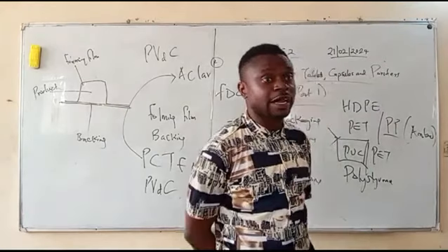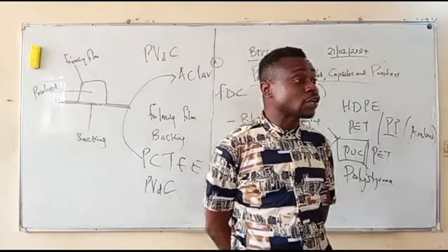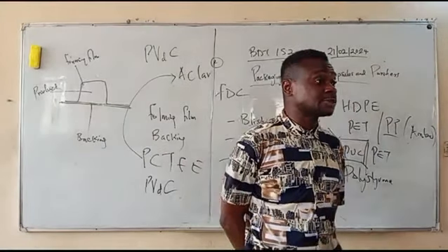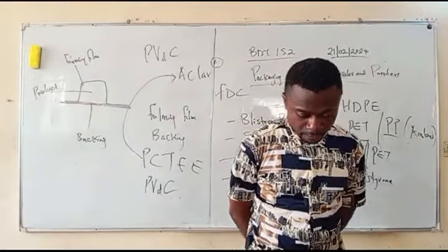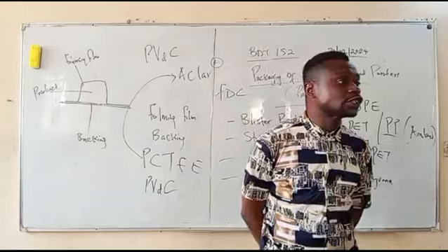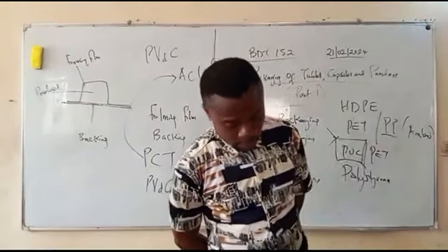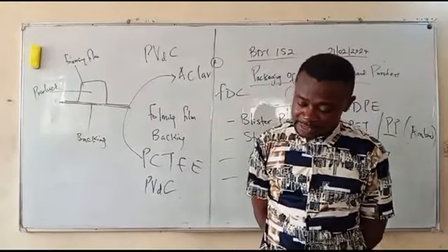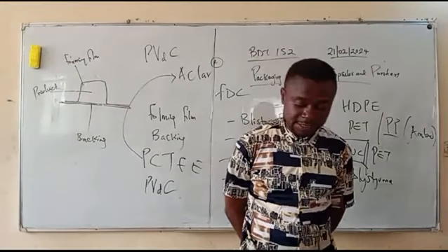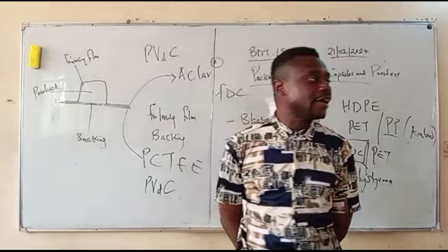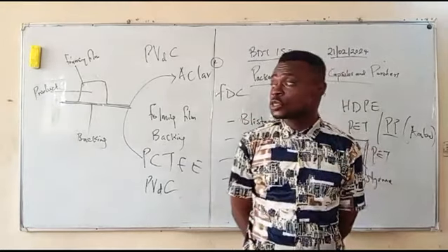So what are the steps involved here? Just watch out. I have explained it, but let me just read what is here. One is that you feed the product into the pocket formed between the two heat sealable flexible films.